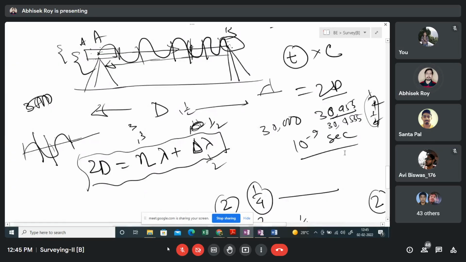Sir, what happens to the rays which start from A, where at point A there is also the emitter and the receiver? Some part of the waves may be received by the receiver just at the point of starting. No, it will not happen because the receiver can be on this side and the emitter will be on this side. Are you getting my point?